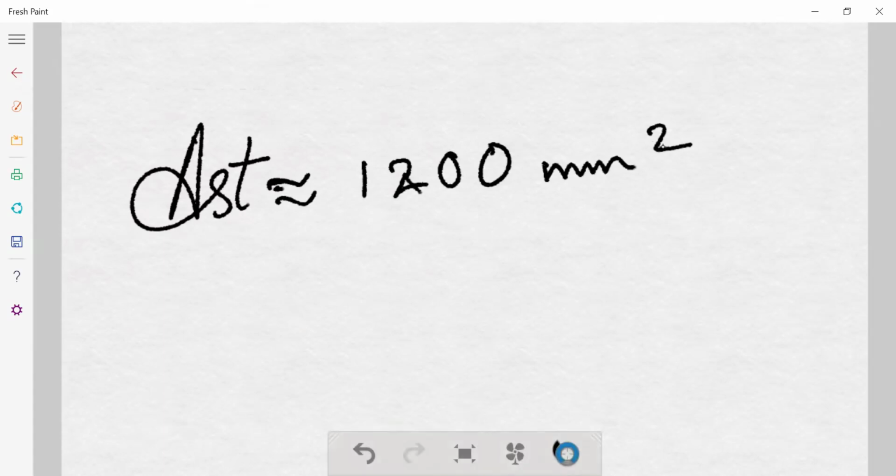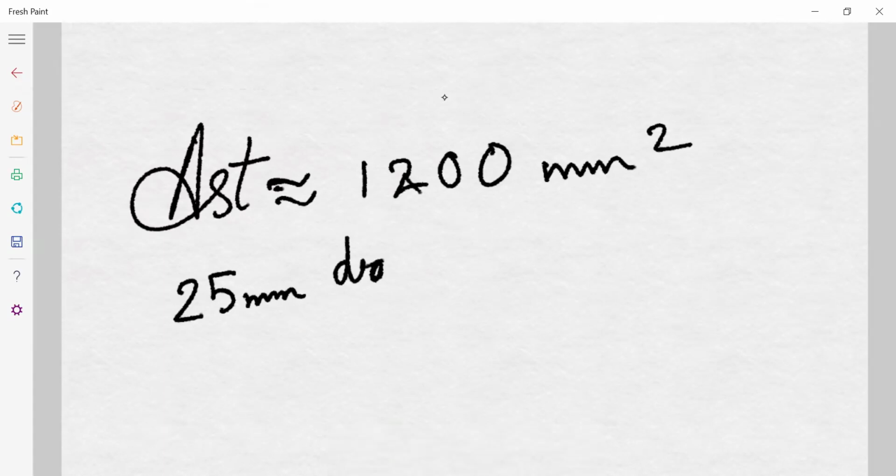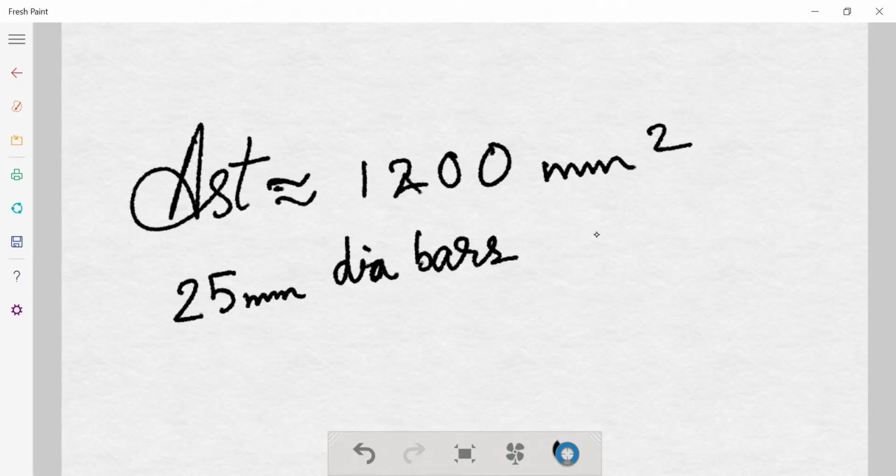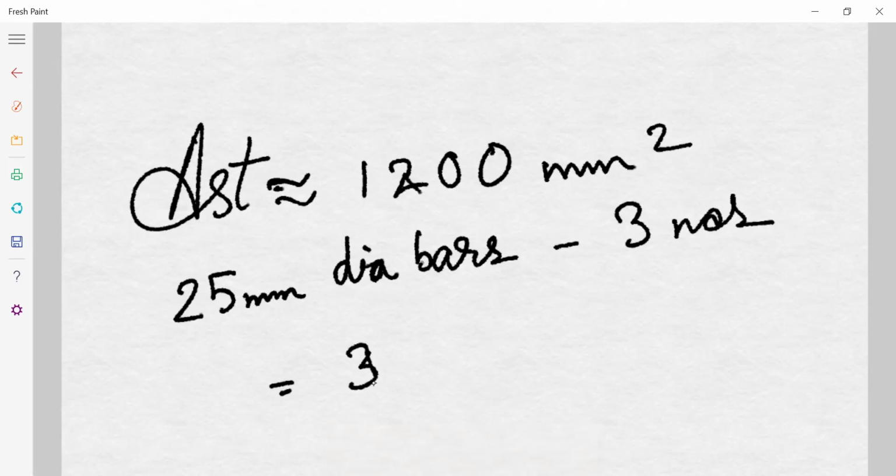So let us take 25 dia bars. Let us use 3 numbers. How much you'll get? So 3 into area of 1 bar, pi into 25 square by 4.